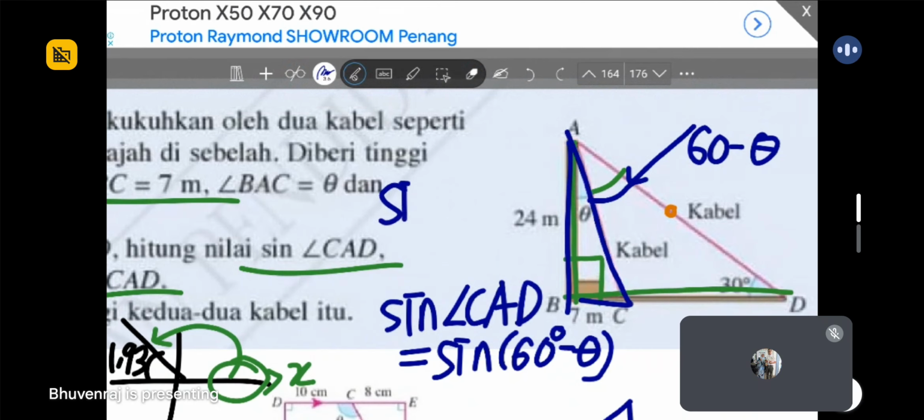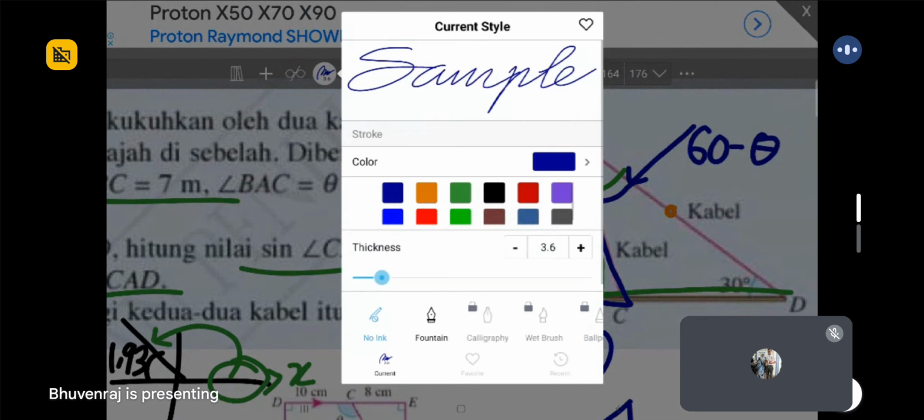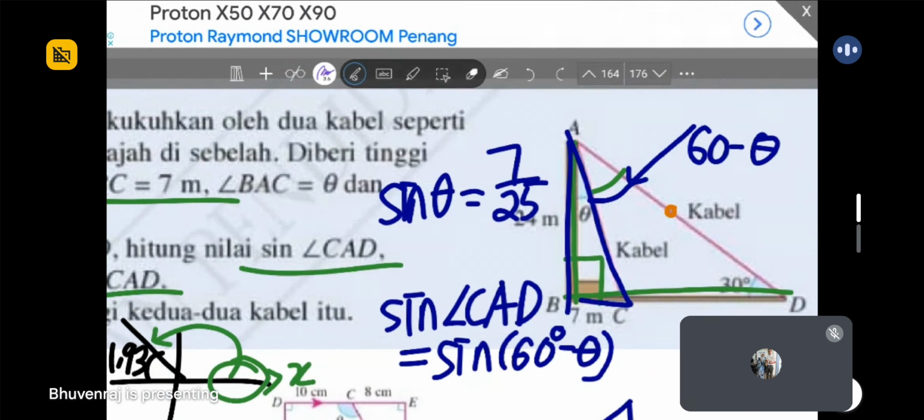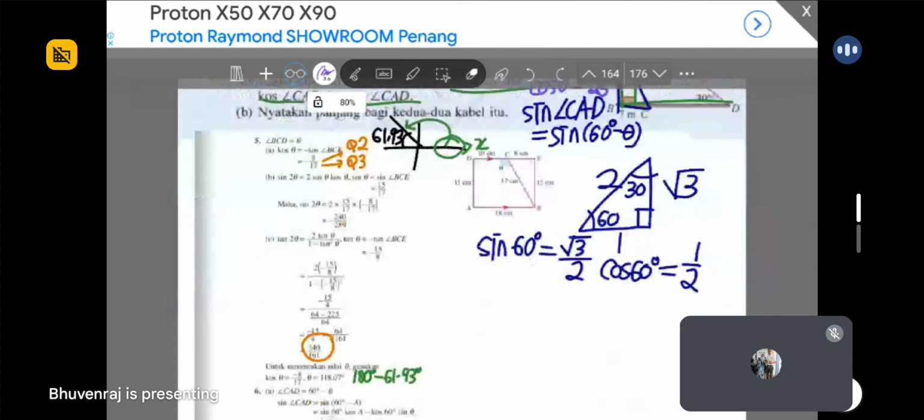From here you will get sine theta equal to 7 over 25, because this one is a right angle triangle, segitiga sudut tegak. So you can always apply SOHCAHTOA. So AC, you will get 25 meters, because AC squared equals AB squared plus BC squared. So you already get sine theta, and then cos theta, adjacent over hypotenuse. Bersebelahan bagi hypotenuse. So it's 24 over 25.